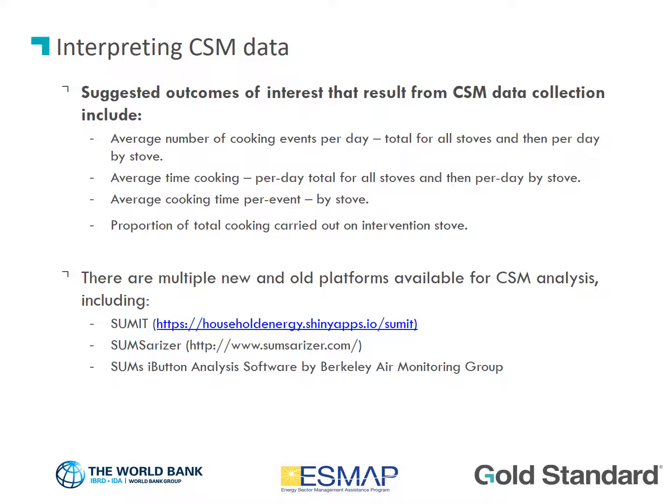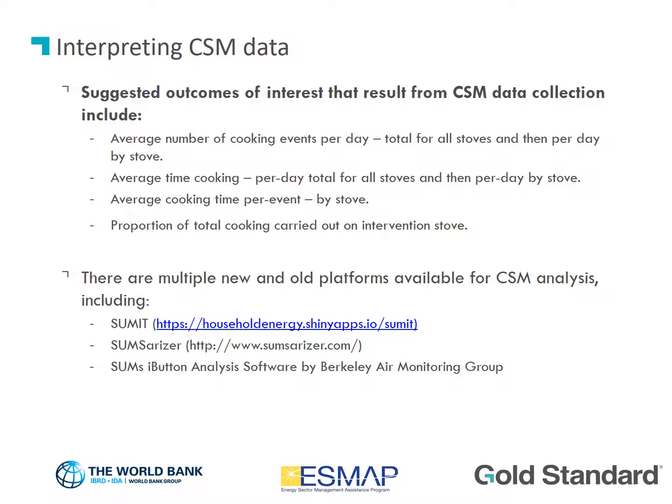Analyzing sensor data is done in a variety of ways, and it can be quite complex, as we talked about earlier. Suggested outcomes of interest that result from sensor data collection include average number of cooking events per day, total for all stoves, and then per day by stove, average time cooking or duration, per day total for all stoves, and then per day by stove, average cooking time per event by stove, and proportion of total cooking carried out on an intervention stove.